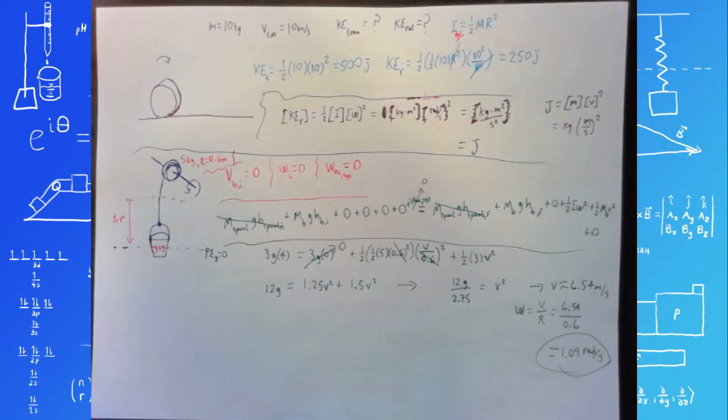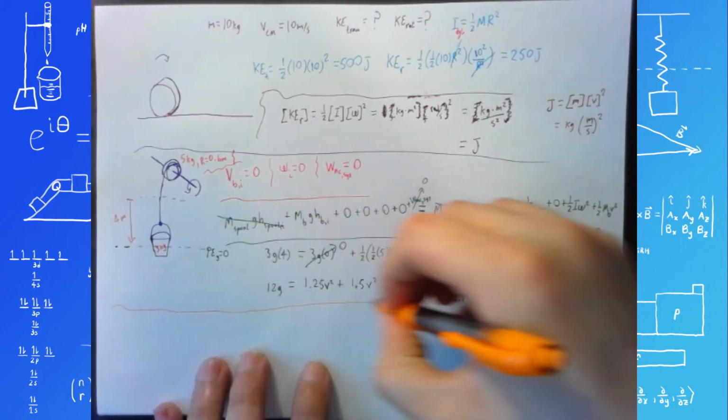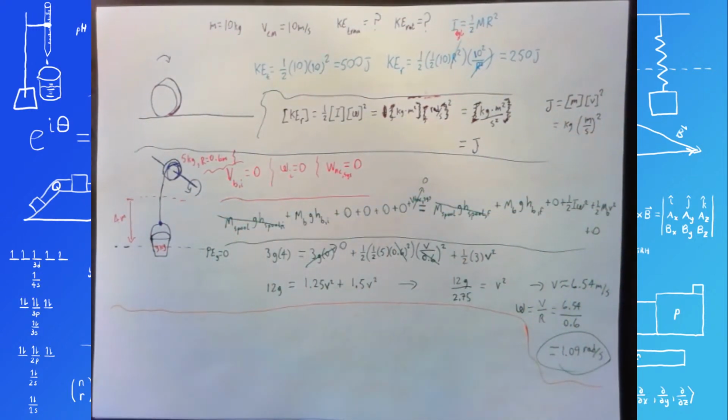Anyway, let's take a look at this question over here that introduces the idea of work being done by a torque. Let's take a look at work being done by a torque.